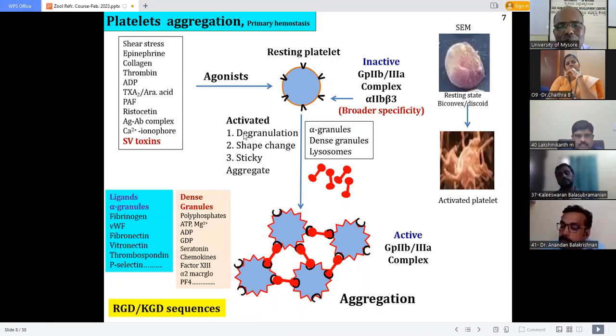Activated platelets undergo degranulation first, and then they change shape like this. In this condition, they become sticky. Once they become sticky, they tend to aggregate with each other. This is what I have represented in the cartoon here. Let's say this is the platelet in the resting state.